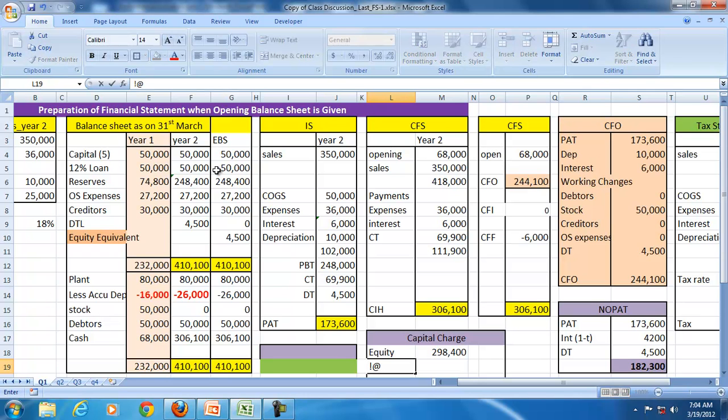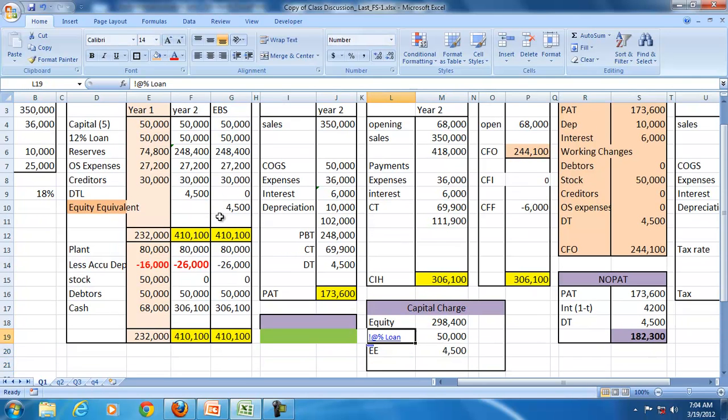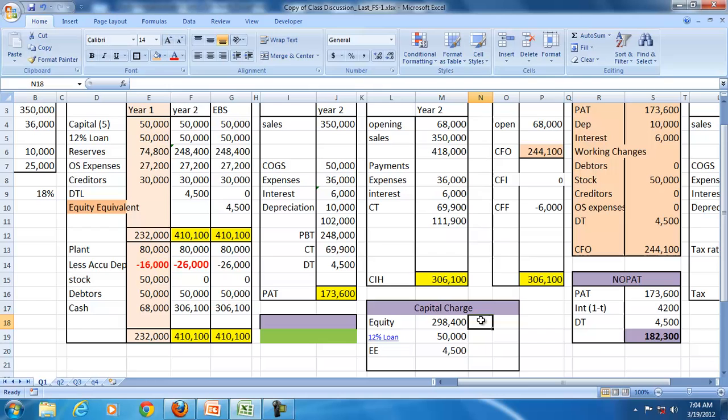The 12% loan, which is 50,000, and the equity equivalent, which is 4,500. The cost of the loan is given as 12%, and the cost of equity is given as 18%.